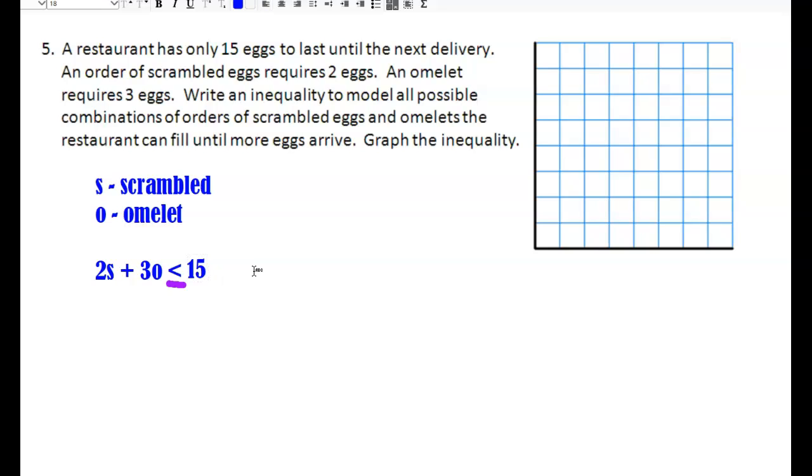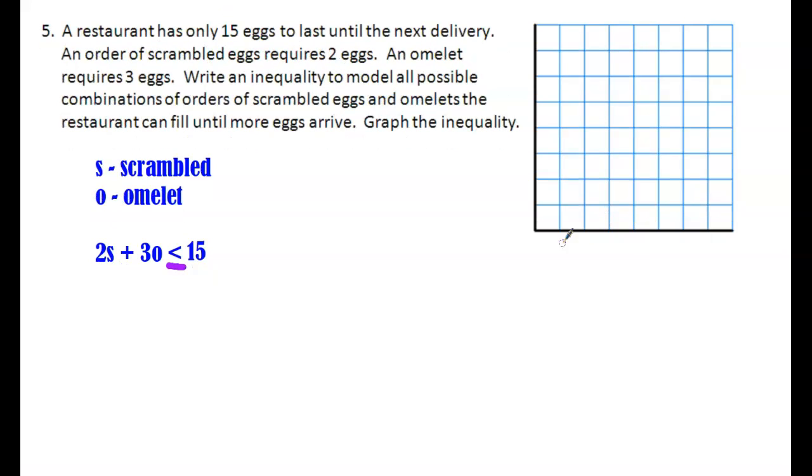So we could plot our graph by looking at our x and y intercepts again. So if I have no servings of scrambled eggs, then I'm going to have 5 omelets. So I'm going to say that scrambled is my x and omelets is my y. So if I serve no scrambled, I would serve all 5 omelets.